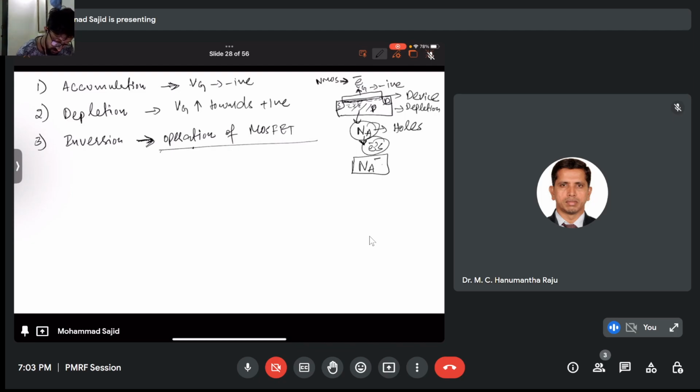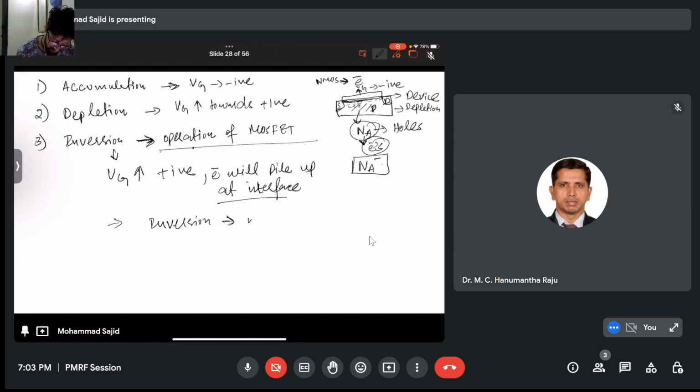Then inversion. What is inversion? When Vg is increased further positive, more and more electrons will pile up at this oxide P-well interface. And we call it inversion by definition. What is the definition of inversion?